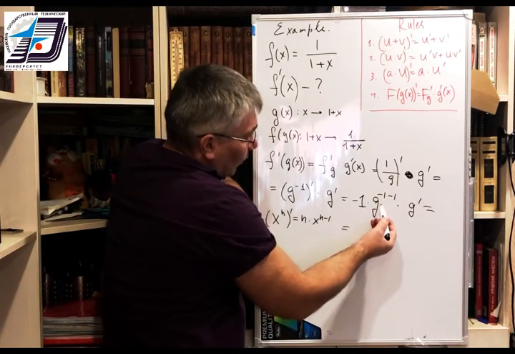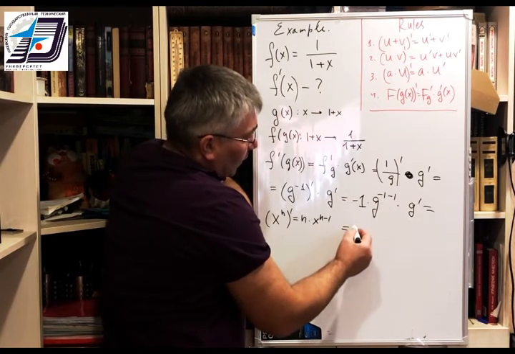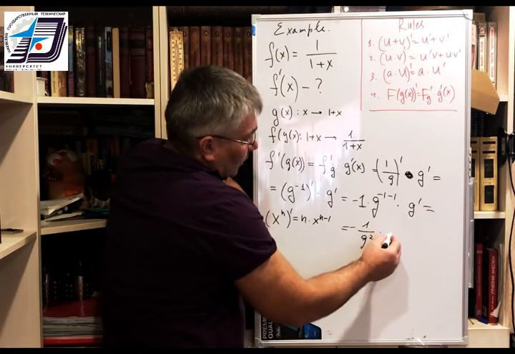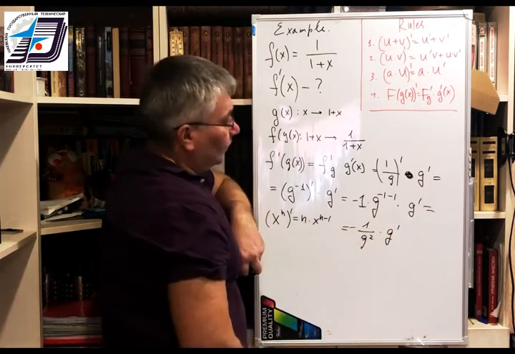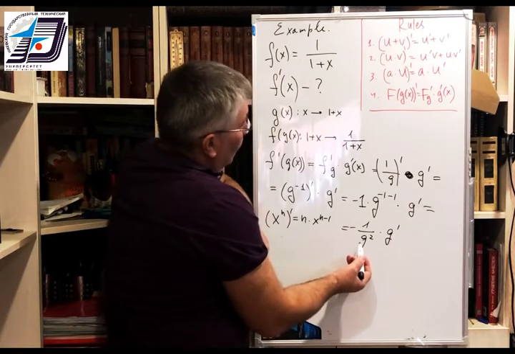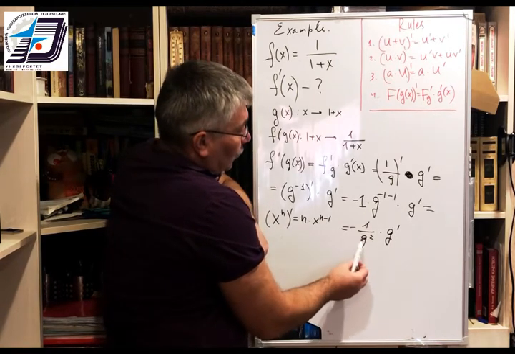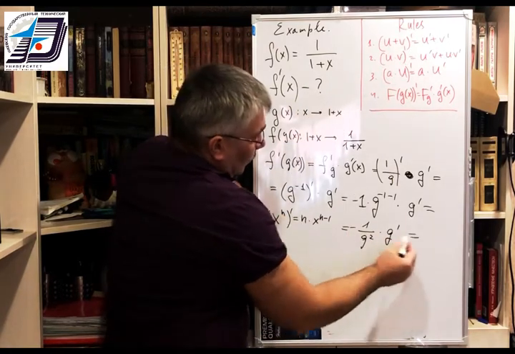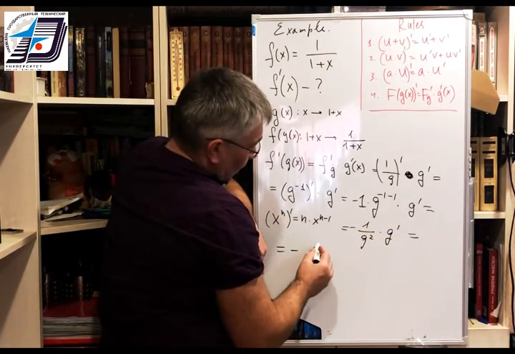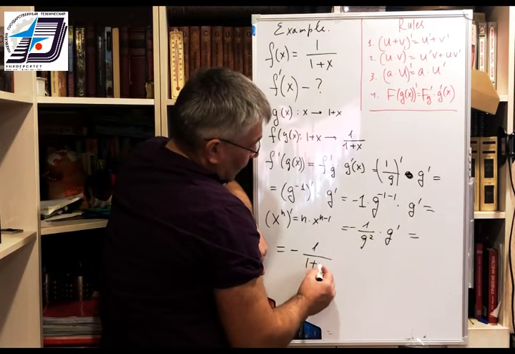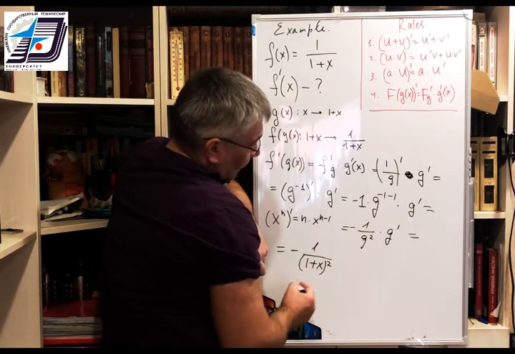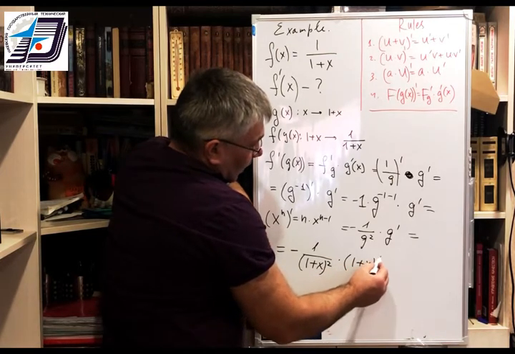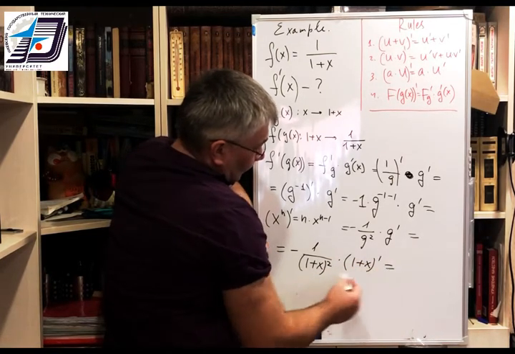I can put g into the denominator, and I have minus 1 over g squared times g prime. Now I can make the substitution: instead of g, I know that g is 1 plus x. So I have minus 1 over 1 plus x squared times the derivative of 1 plus x.